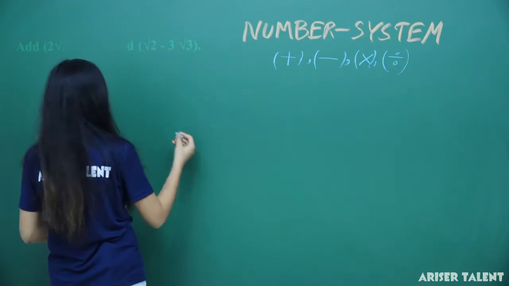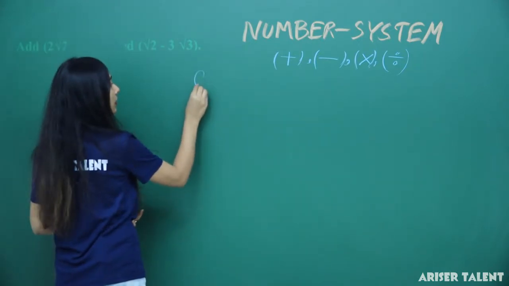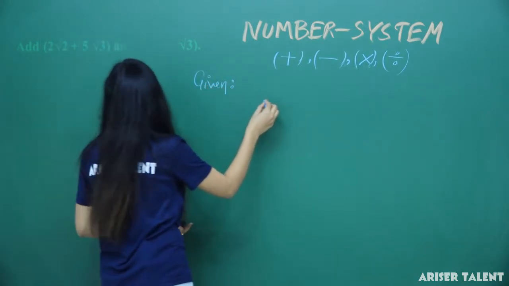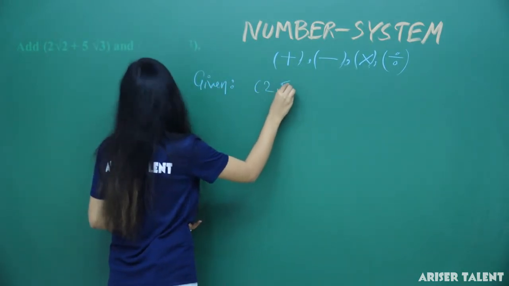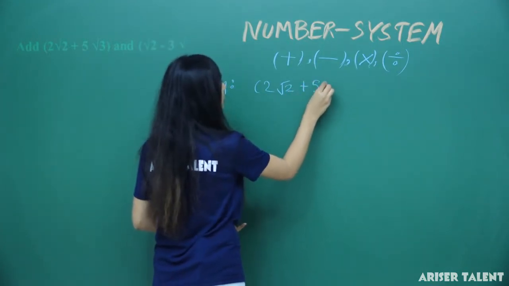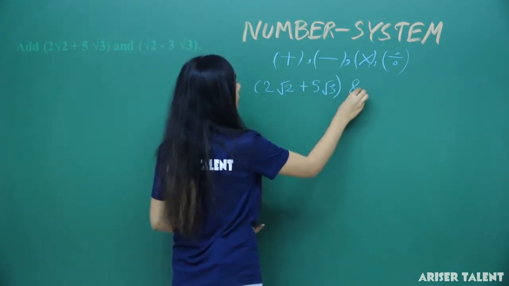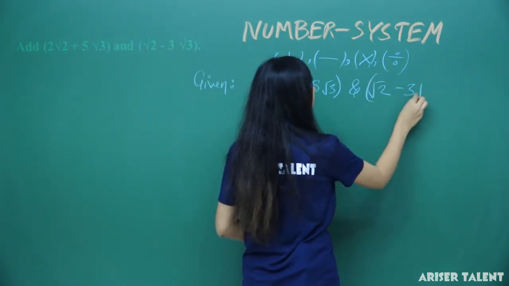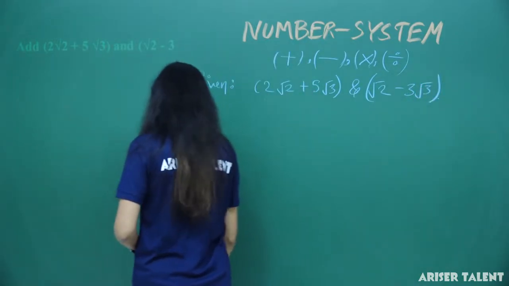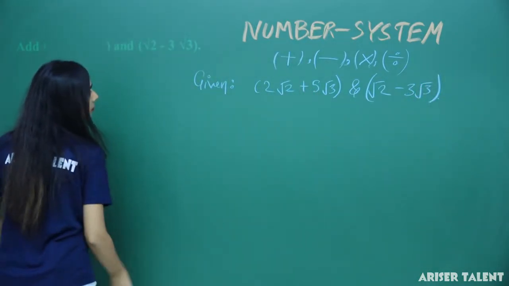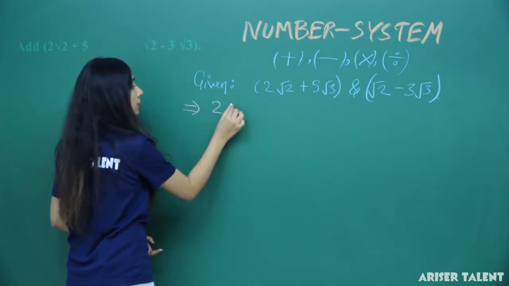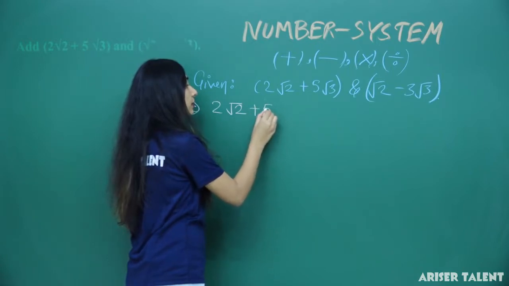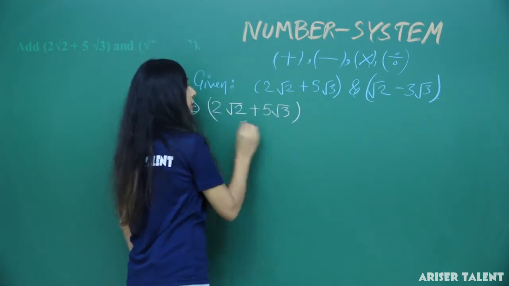So this is our question. Given 2 root 2 plus 5 root 3 and root 2 minus 3 root 3, to add them, we have to add 2 root 2 plus 5 root 3 and root 2 minus 3 root 3.